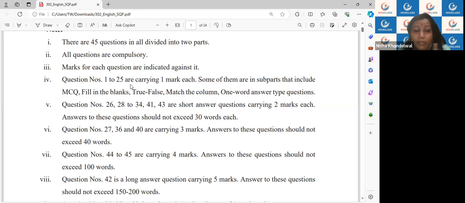Just go on. Then it is saying 26 to 28, and then 34 to 41, 43. These 5 questions would be carrying 2 marks, although marks would be written in front of the question, but still you need to take care not to exceed the word limit.